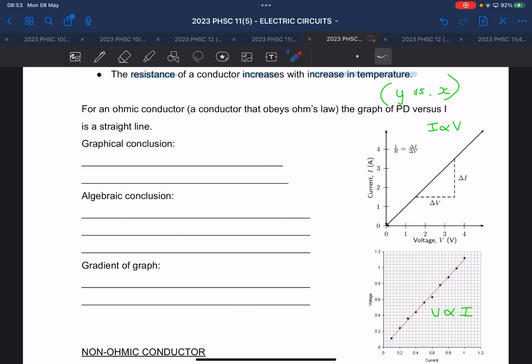You get a hyperbola, you get a parabola. You will get to that. Straight line graphs. So graphical means the shape of the graph, and the algebraic has to do with formulas and equations.